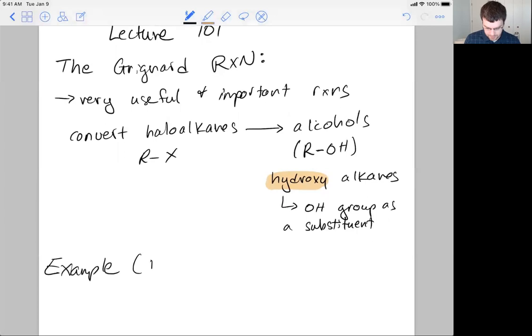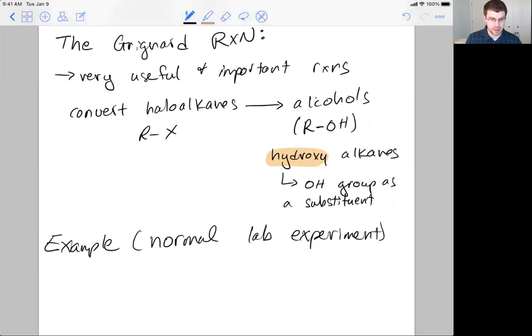and this is a normal lab experiment, one that we could have done with more time and, I guess, fewer viruses. Anyway, what we do in the lab is take 1-bromobutane and react it with acetone.